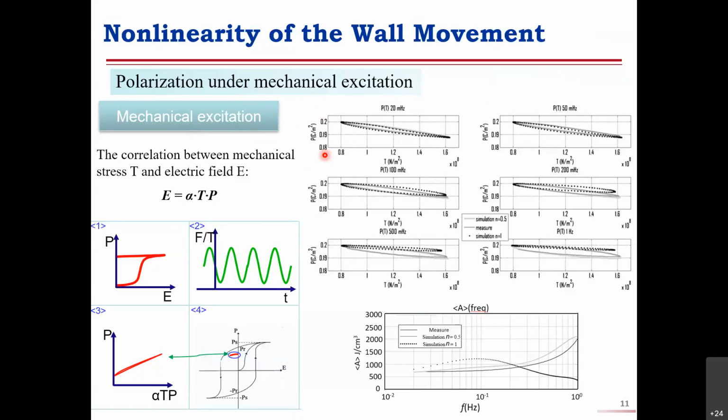So that means we can accurately predict or calculate this polarization. That means we can calculate the currents of this piezoceramic under different frequency and different amplitude of the mechanical stress.